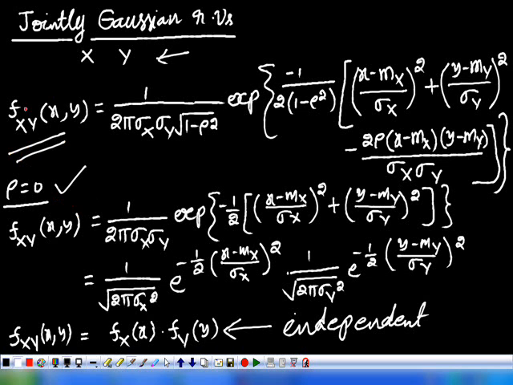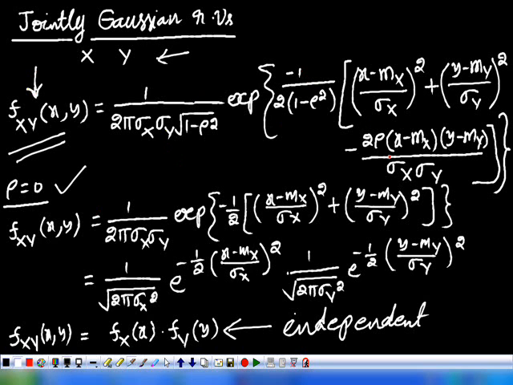the joint PDF is constant. When will this particular joint PDF be constant? See, 2 pi is a constant, sigma x and sigma y are constants. This term is also constant. So this entire term is a constant and this term is also constant.